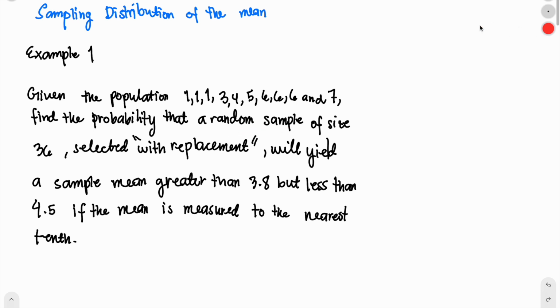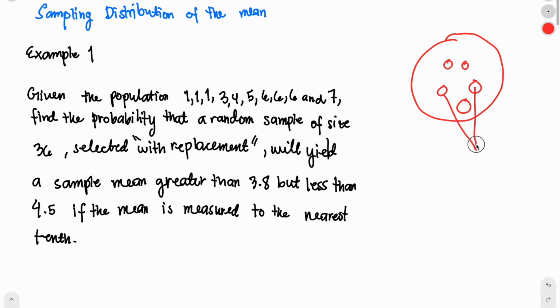So to refresh, you know that a population has samples, right? It's possible to get the data of the population, but it can be costly and time consuming.